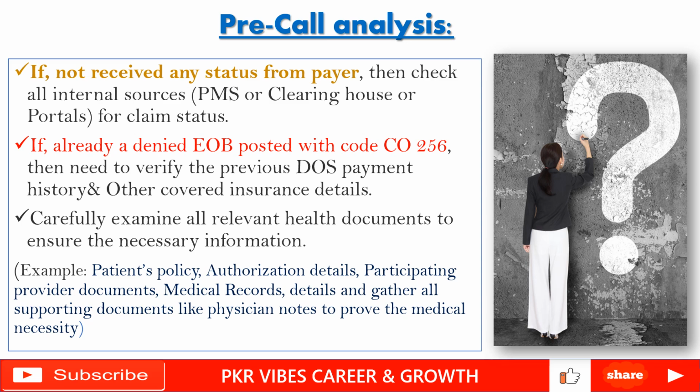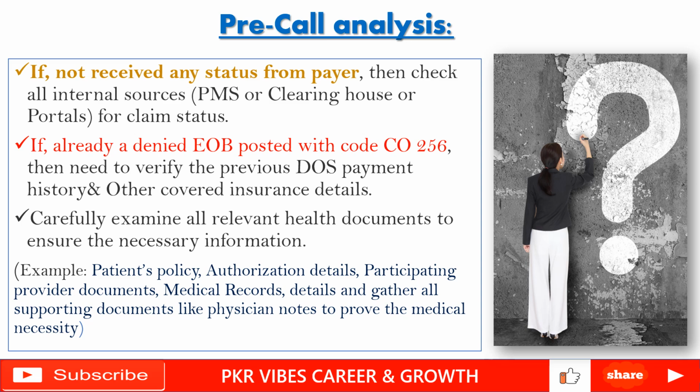And the third point, carefully examine all relevant health documents to ensure you have the necessary information. Why? Because your denial is referring to your managed care contract. So for that kind of information, for example, you should verify the patient policy, authorization details, participating provider documents, medical records details, and you should gather all supporting documents like physician notes to prove the medical necessity.